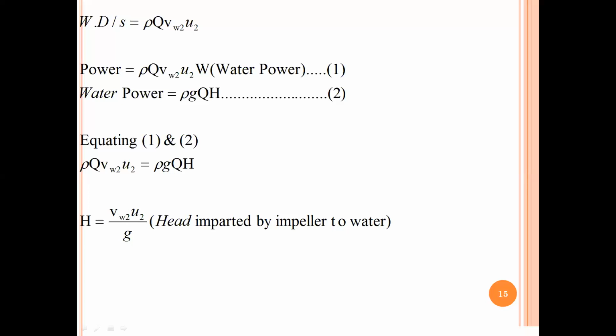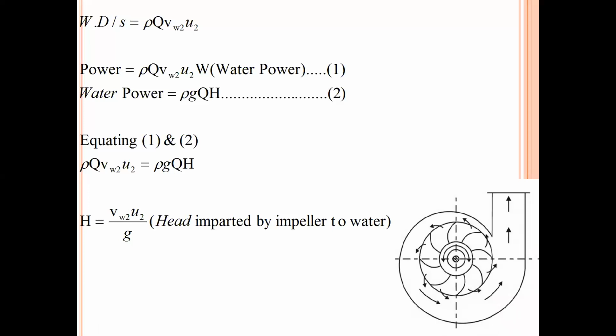Now I thought I'll explain with the diagram. Remember, your pump is converting your mechanical power into your hydraulic power. Mechanical power is nothing but your shaft power. So here also I'm calculating 3 efficiencies. Remember that water power, once it comes out of the impeller, is water power, and at the outlet also it is water power.